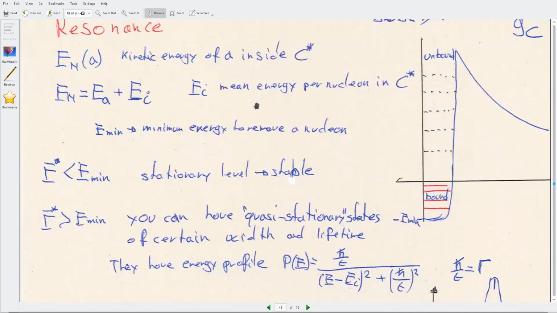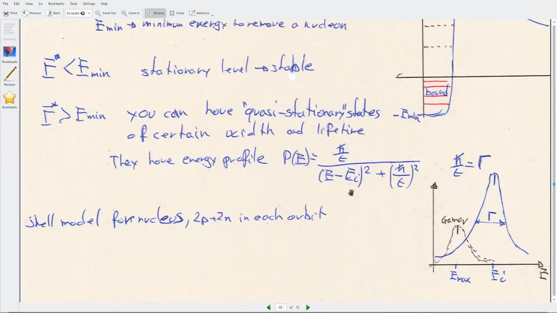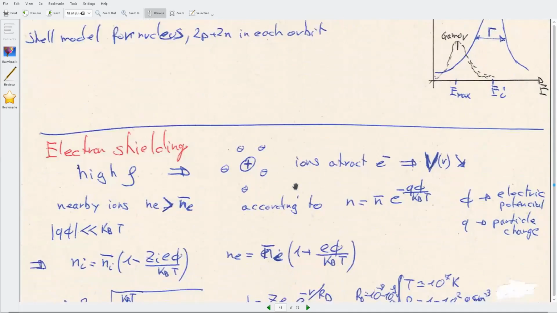The resonance is just a peak given this way. So for the particle, you have an enhancement of the cross section that goes as this peak. If this position is quite near the Gamow window, it can increase it enough to have more reactions.